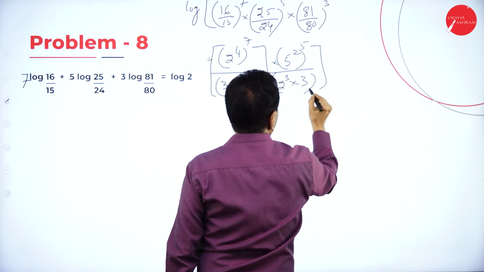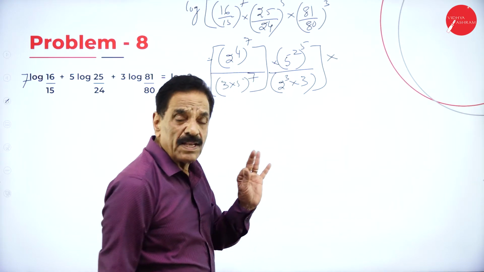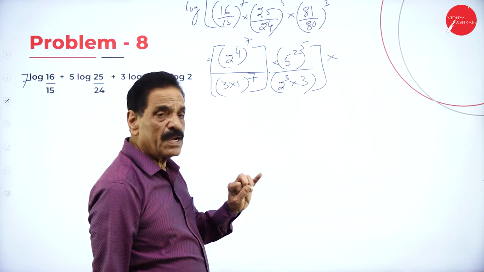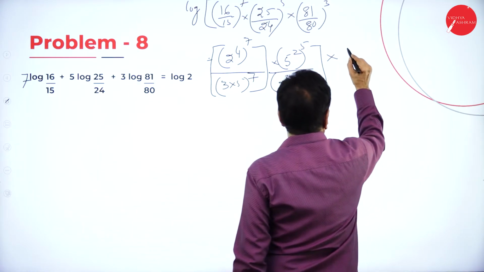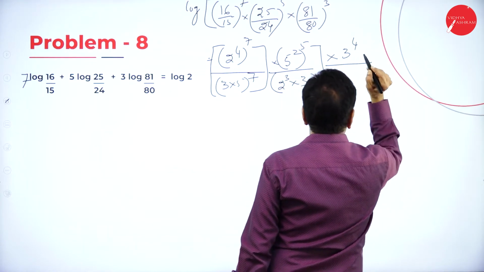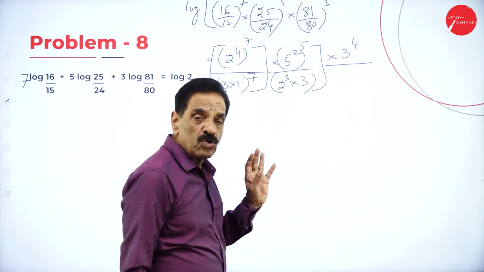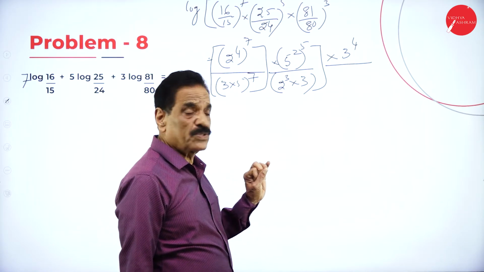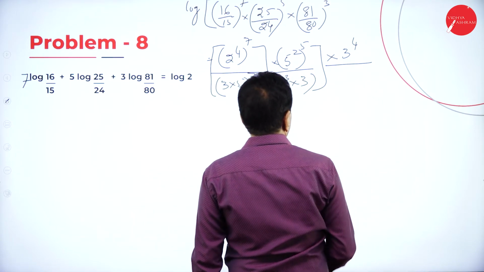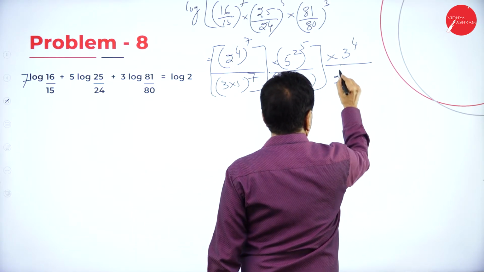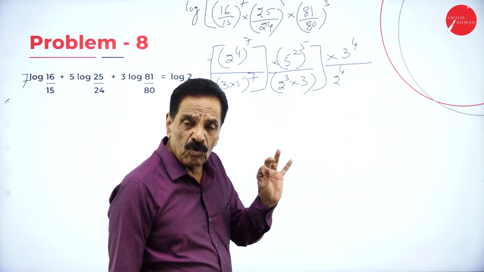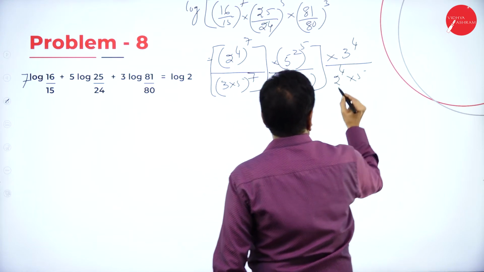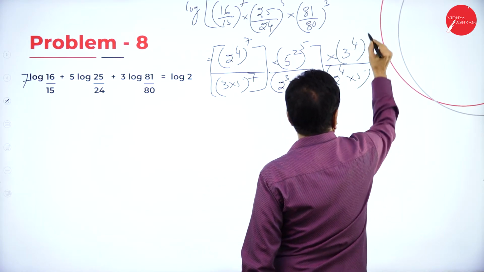This is another group. 81, 3 3s are 9, 9 3s are 27, 27 into 3, 81. So 3 to the power of 4 divided by, come back here, 2 2s are 4, 4 2s are 8, 8 2s are 16. So 2 to the power of 4 is 16 into 5 to the power of 3.